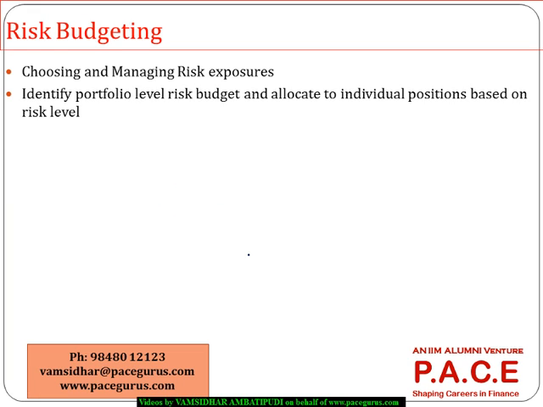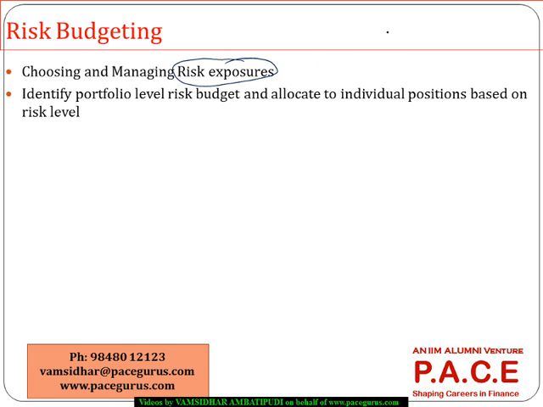Initially, the first thing I would like to discuss is the concept of risk budgeting, wherein the intention is fairly simple. You identify the various risk exposures and come out with a quantitative measurement for each one of them.